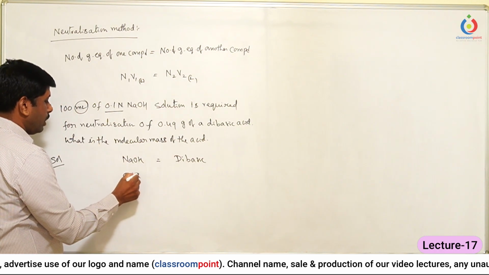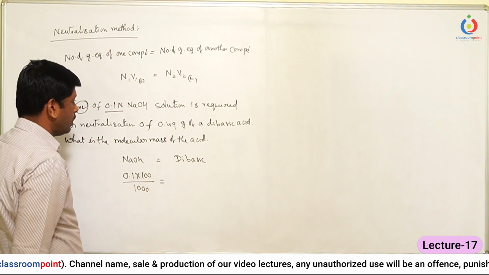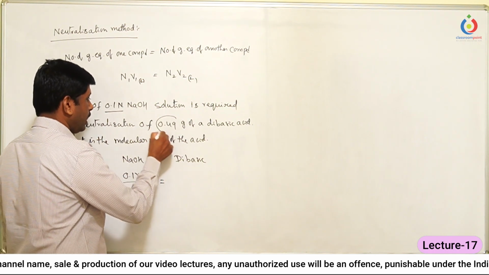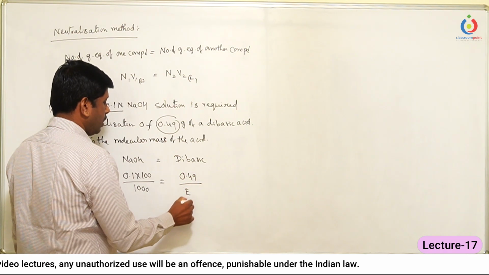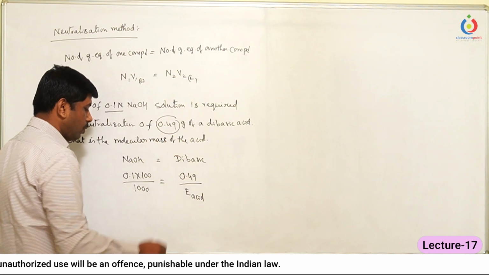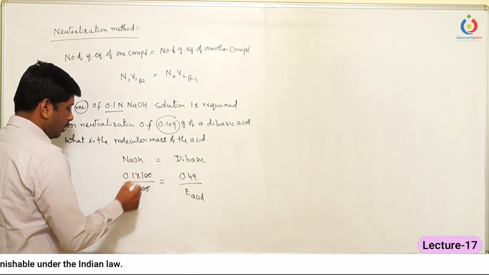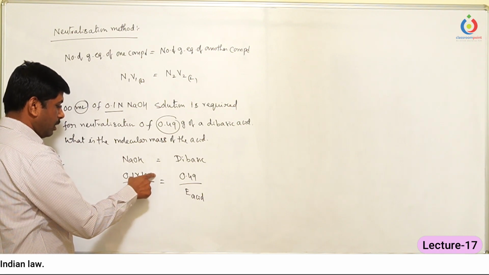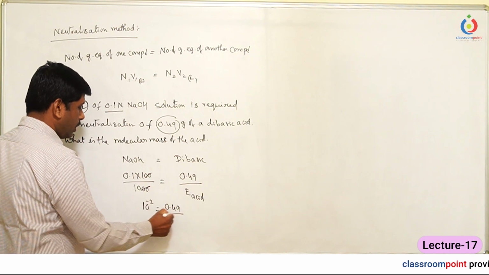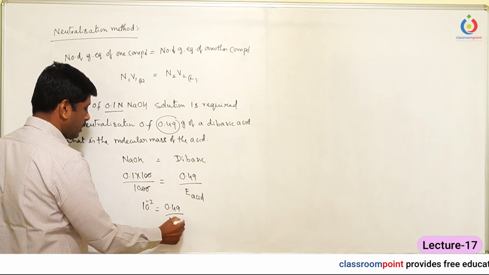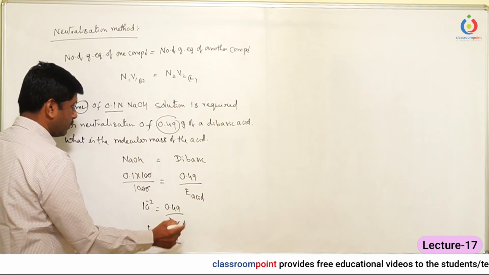So 0.1 into 100 divided by 1000 equals weight by equivalent weight, 0.49 divided by the equivalent mass of the acid, which has to be calculated. So 10 becomes 10 power minus 1, so the entire value becomes 10 power minus 2, equals 0.49 over the equivalent mass of the acid, so the equivalent mass of the acid equals 49.